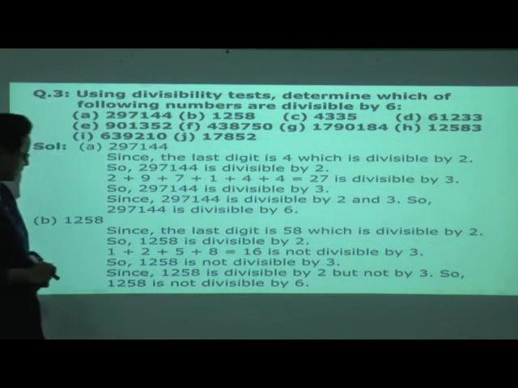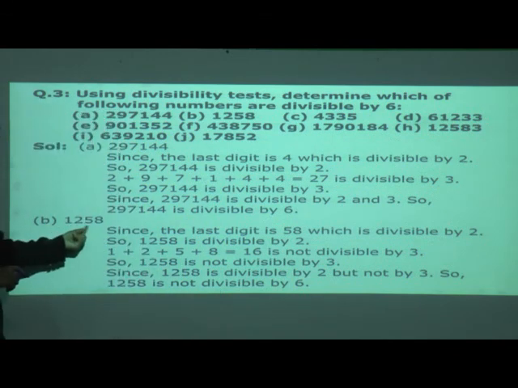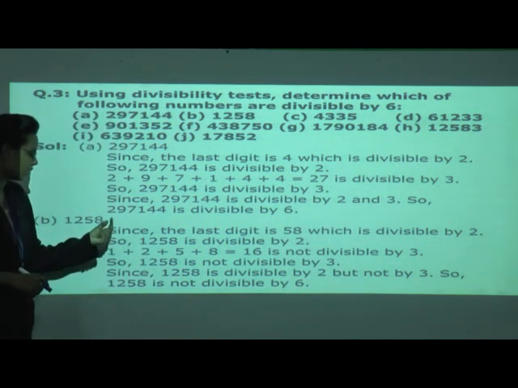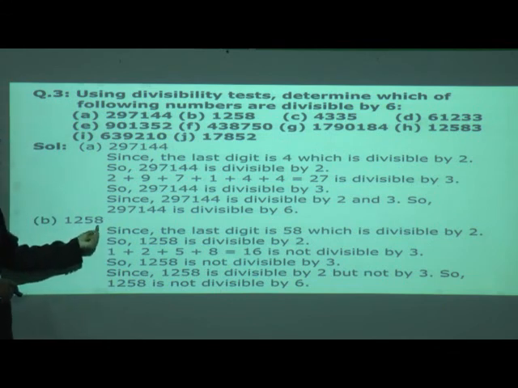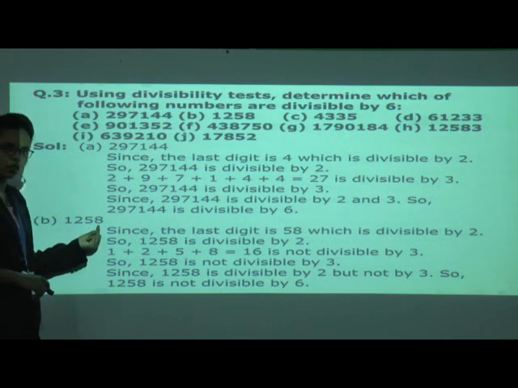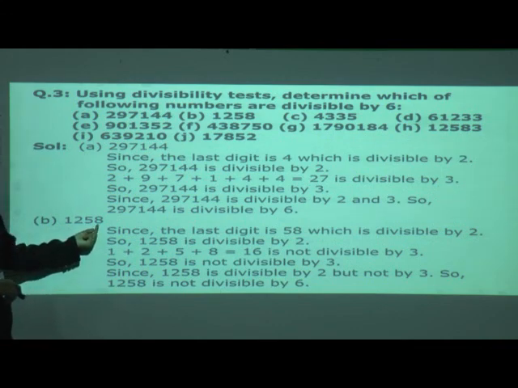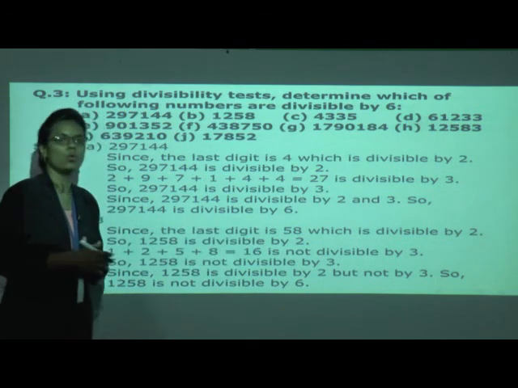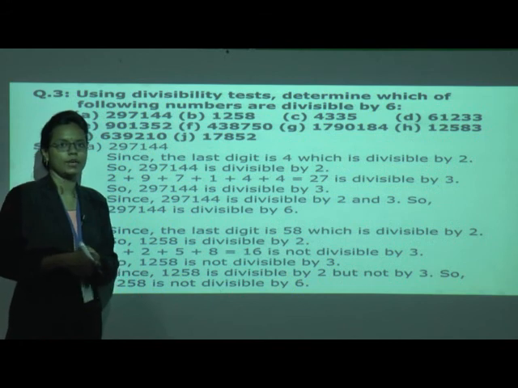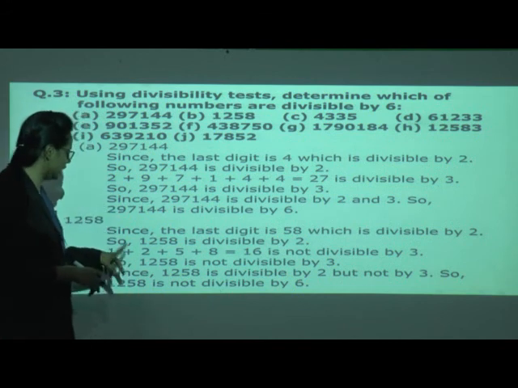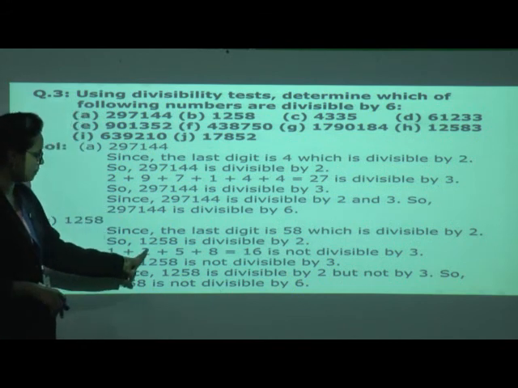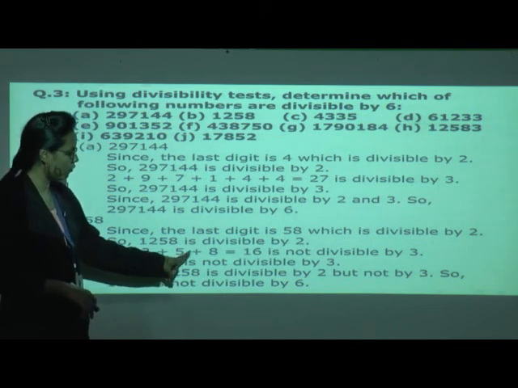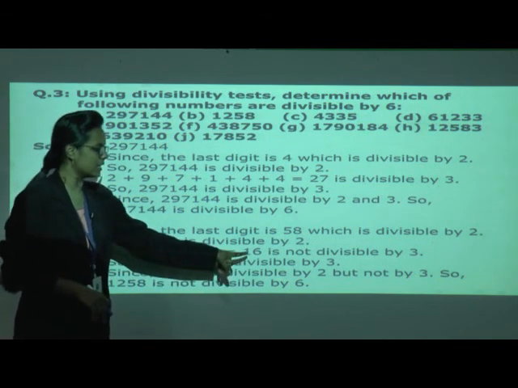Okay. Let us see the next one. It's a 4-digit number. Take the last digit. We have 8 in its ones place, so it satisfies the divisibility rule for 2. Now for 3, we have to add: 1 plus 2 plus 5 plus 8 is 16.